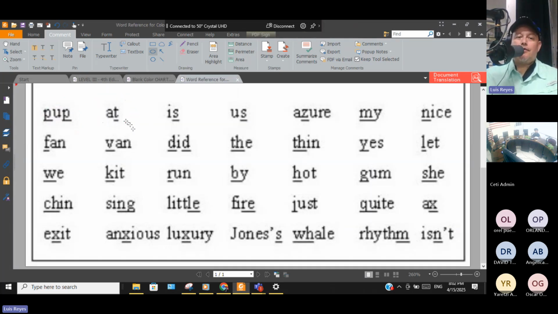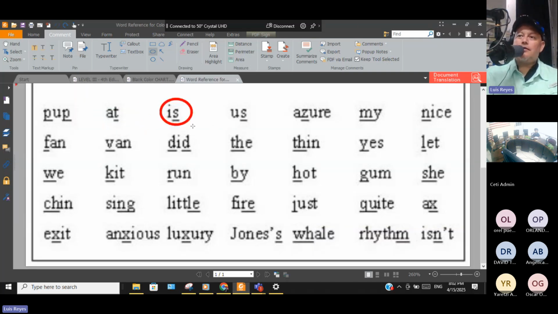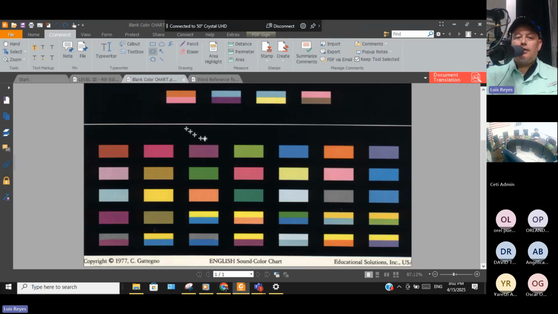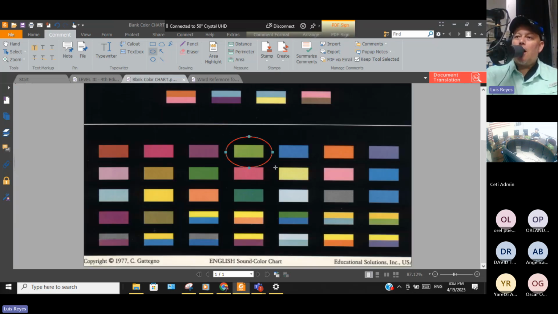Tat, T-A-T, T on the color chart. Is, Z, I-S, Z on the color chart. Us, S, U-S, S on the color chart.